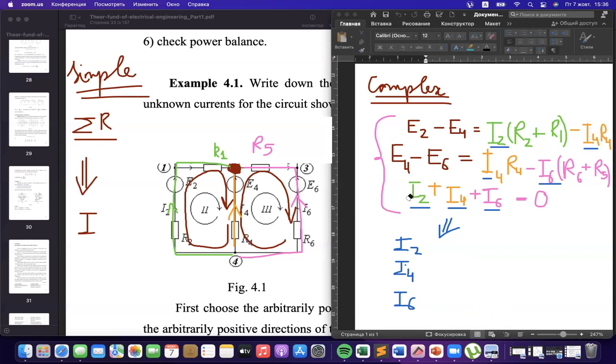All these methods will be just about how to decrease the number of equations, for example, not 2 equations but 1 equation. You will see that if for this circle we use the mesh current method, instead of 3 equations you will get only 2 with the same answer. For the node voltage method, for the same circle, you will get only 1 equation. It will be the simplest way of solution. But the main idea is here.